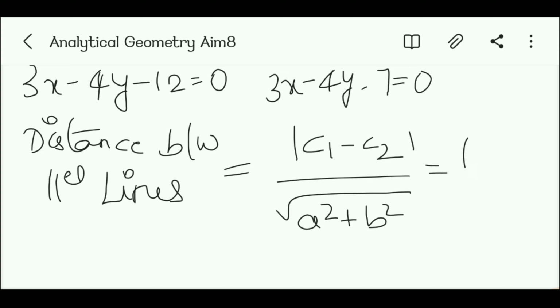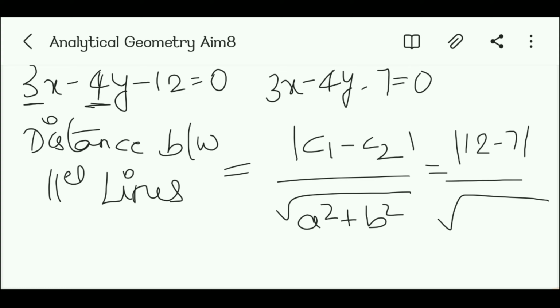Now c1 will be minus 12 and c2 will be minus 7. We can just take both as positive because it's already in modulus, so there will not be any change. So 12 minus 7 divided by root over a square plus b square. What is a? A here is 3, and b is minus 4.